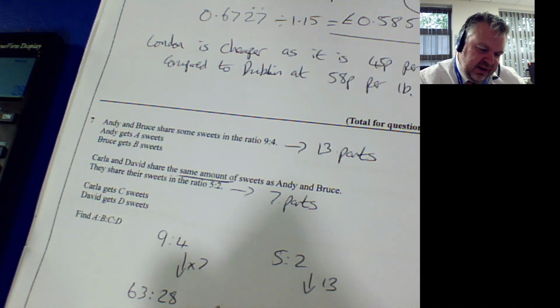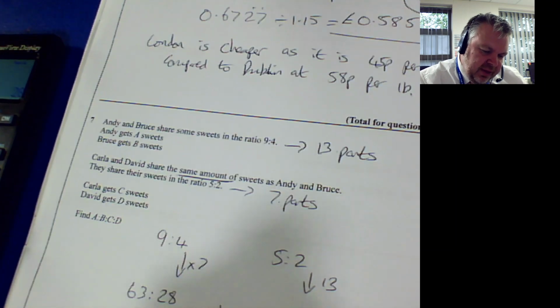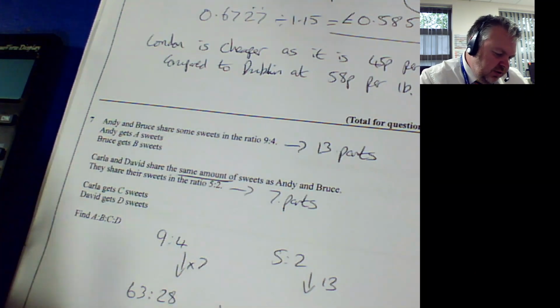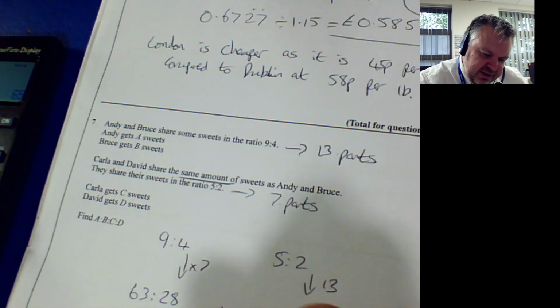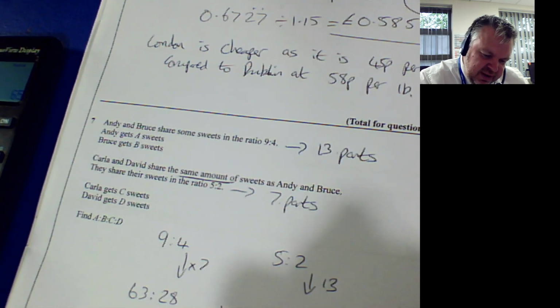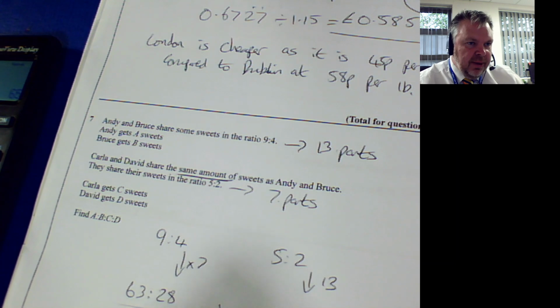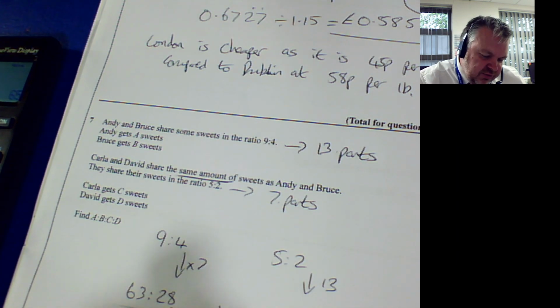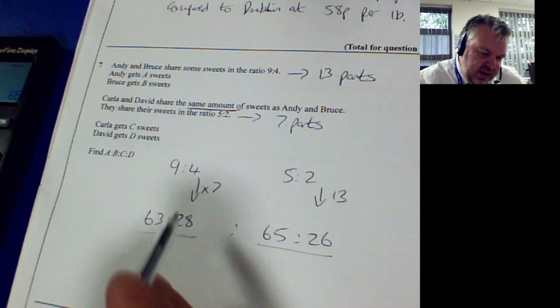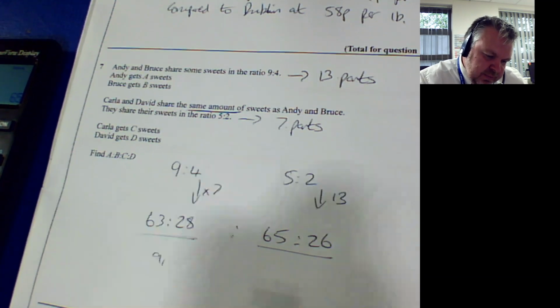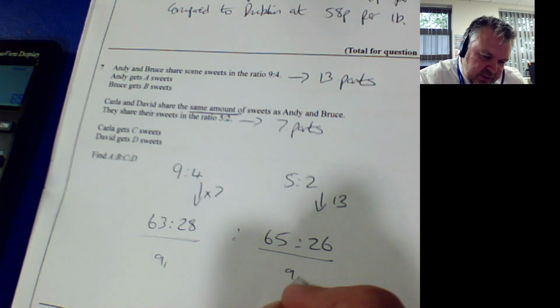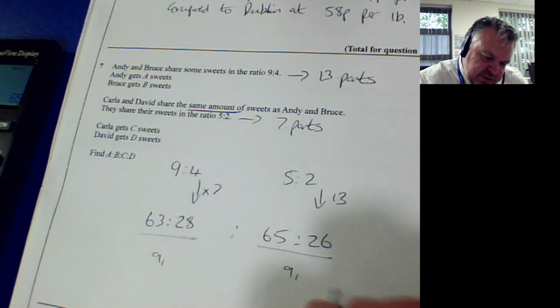Just going to use my calculator, and we're going to compare that to C and D. So 5 lots of 13 is 65, and 2 lots of 13 is 26. Now, before I write this down as my actual answer, I just want to double check that Andy and Bruce and Colin and David are actually getting the right amount. So 63 and 28 added together gives me 91. And if I add these two, I get 91. So happy days.